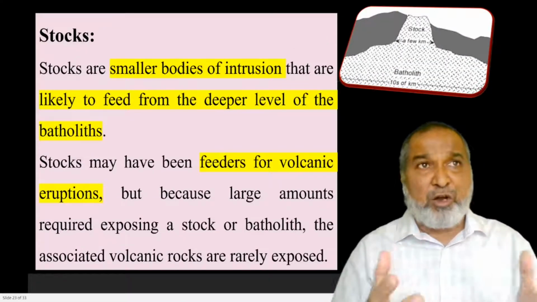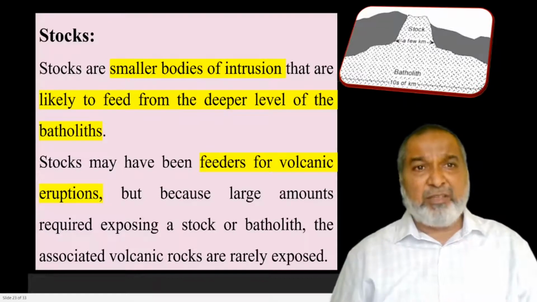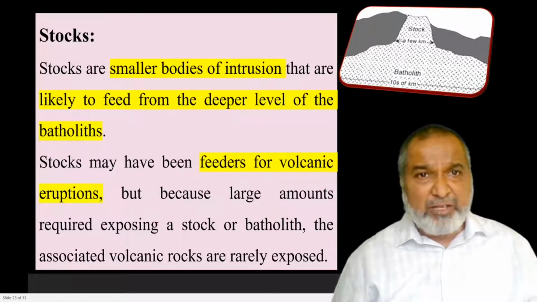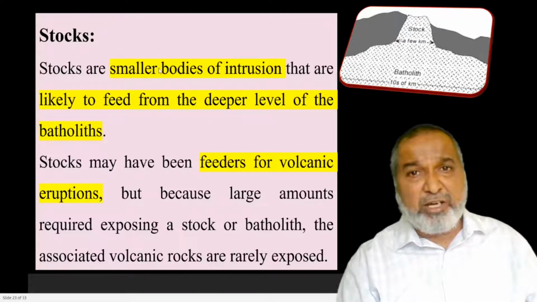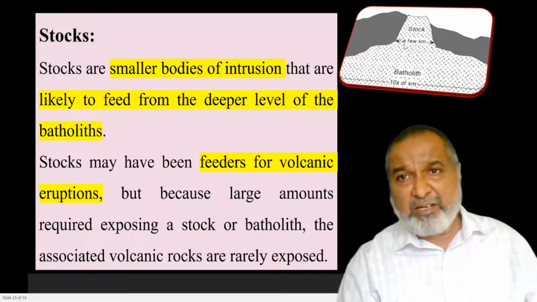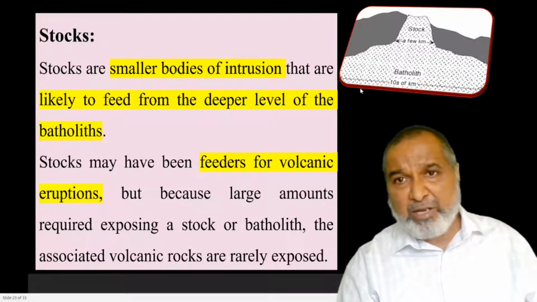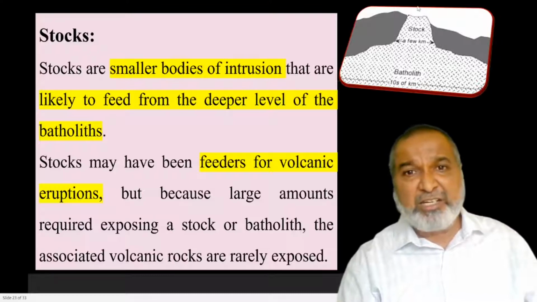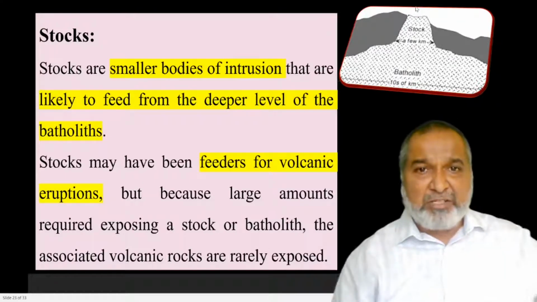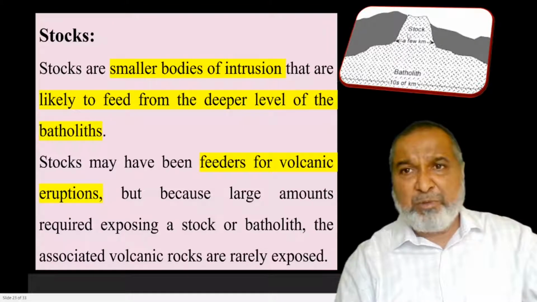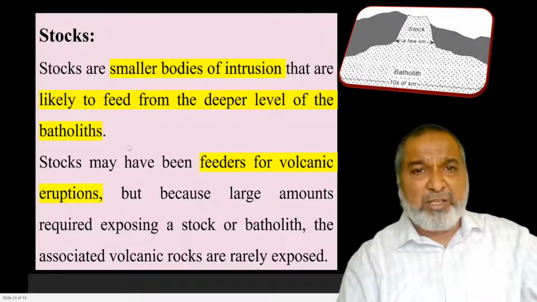Next one, the stalk, the connective part of the batholith. Stalks are smaller bodies of intrusion. Here we have the batholith, but the upper part where they are injecting has a small width, and the height is also very small.